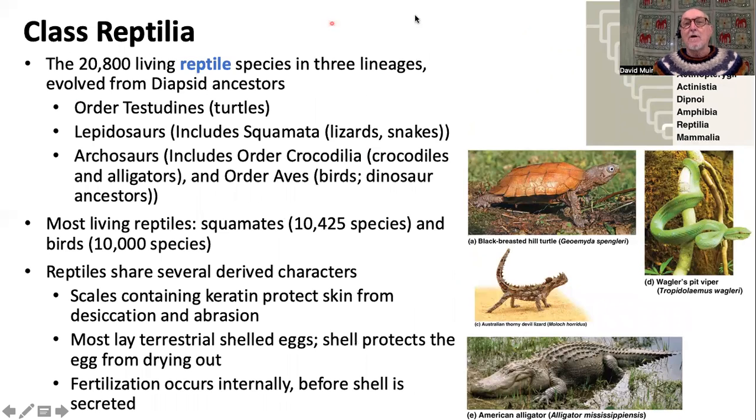So the first group, of course, to talk about is the class Reptilia. And the Reptilia, in some ways, when we look at them, we can see some ties to the Amphibia, especially in the way in which they locomote and in the stance that their skeleton adopts.